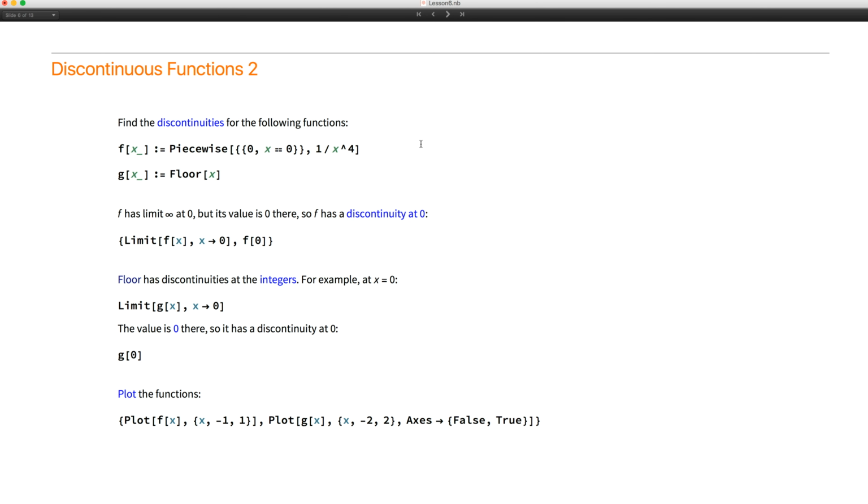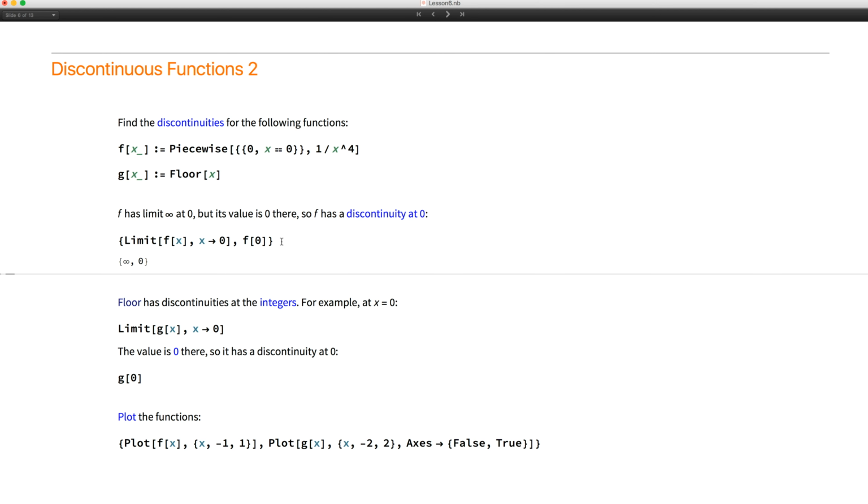Okay, a second class of examples here is a piecewise function f of x, and clearly that's problematic at 0 because you're dividing by 0, and that's the floor function g of x. So f clearly has a discontinuity at 0. You can see that. Got infinity over here and 0 over there, whereas g is a bit more complicated.